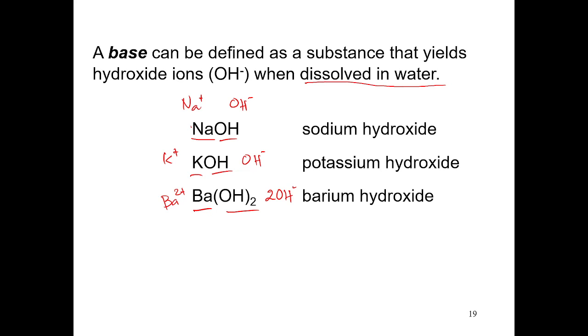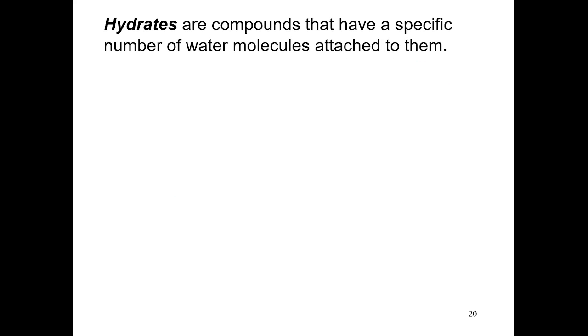So for the next special nomenclature, we have here hydrates. Hydrates are just compounds, usually ionic compounds, that have specific numbers of water molecules attached to them. So basically, it's just like this. We have here barium chloride.